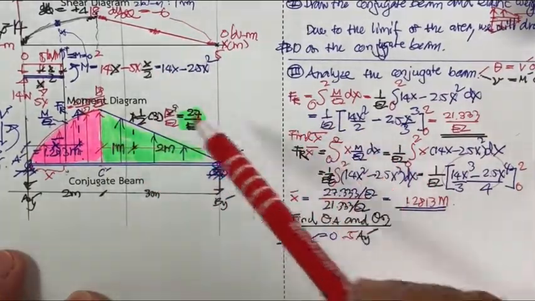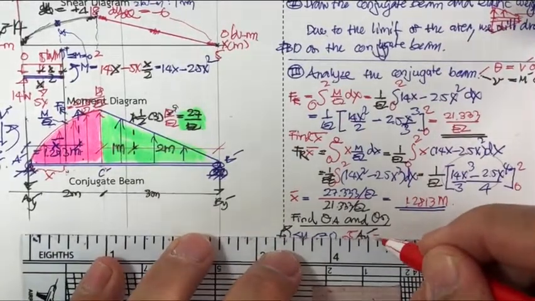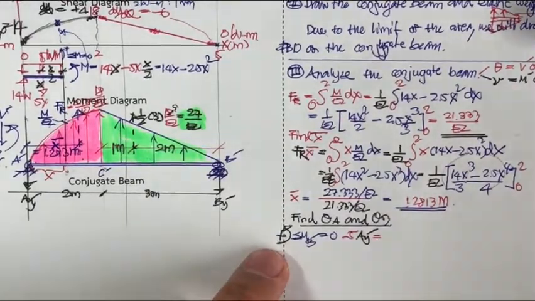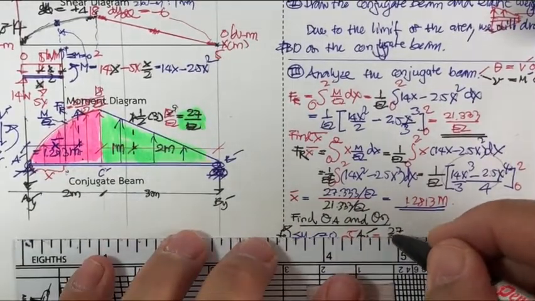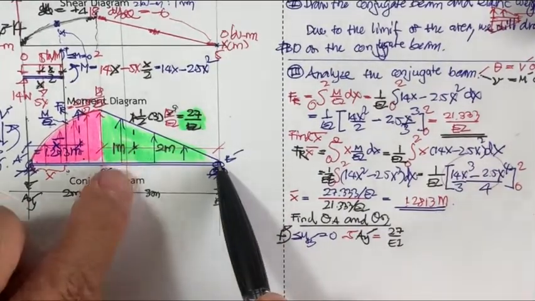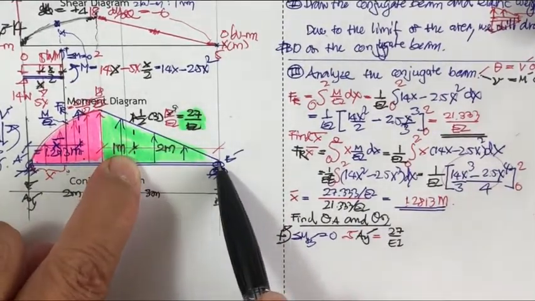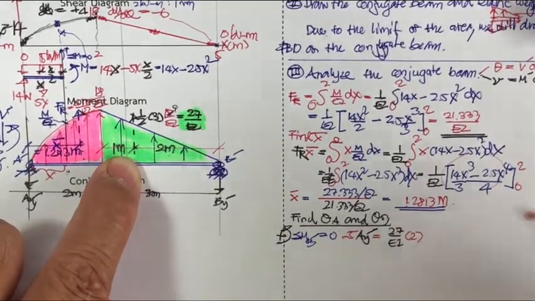This is clockwise, so it's going to be equal to 27 divided by EI, and this takes moment here. How far from here to here? That is 2 meters, so it's going to be times 2.